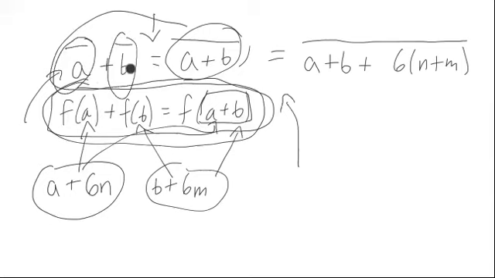Basically, we're just replacing a and b by anything we want before we actually go through the function itself. That's what we did by doing these plus 6n and plus 6m here, and we still got something in there. So it still holds true as we go along for whole chunks moving into whole chunks, and we've actually done it.